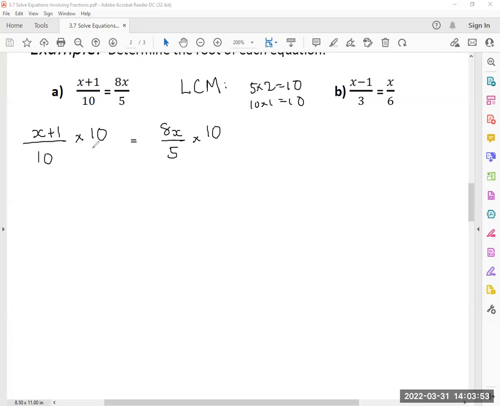The numerator becomes, well, we'll have this multiplied by 10. I know it will. I'm just trying to show everything. So remember, this is 10 over 1, right? And this is also 10 times 8x over 5. I'm just rewriting it. It's the same thing, right?